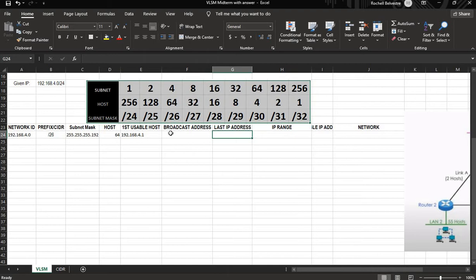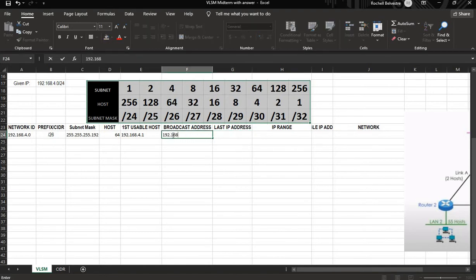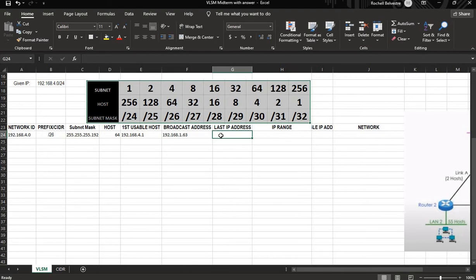But we're not going to use .64 because it is allocated for the next network ID. So less 1, that is the broadcast address, which is 192.168.4.63, and then our last usable IP address would be 192.168.4.62.